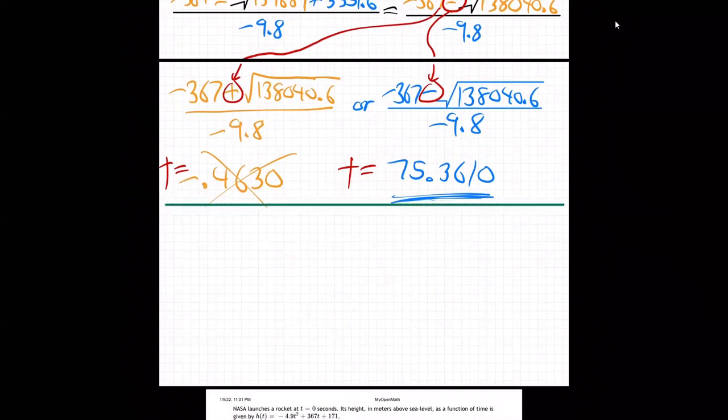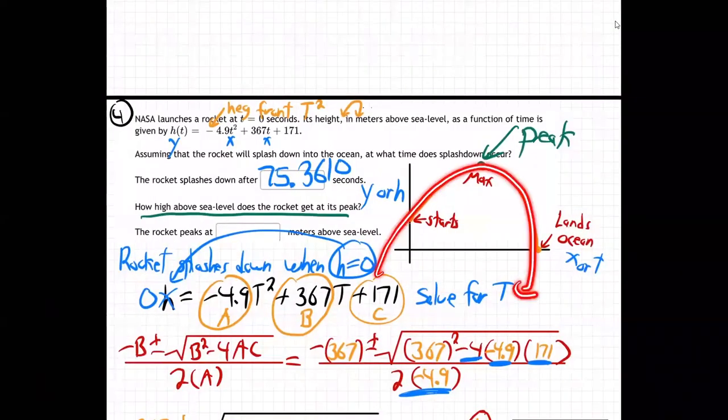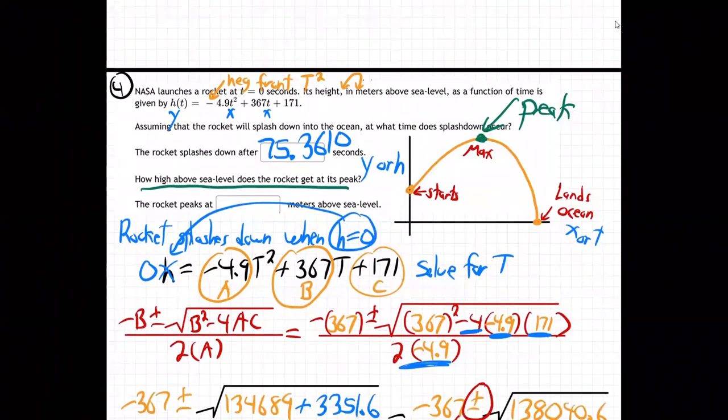Okay, so at the peak, max. Remember the formula for the peak? So basically this is a U-shaped graph, isn't it? It's a U-shaped graph, and we want to know the maximum, the peak, the highest point for the rocket. That's the middle of the U-shape.